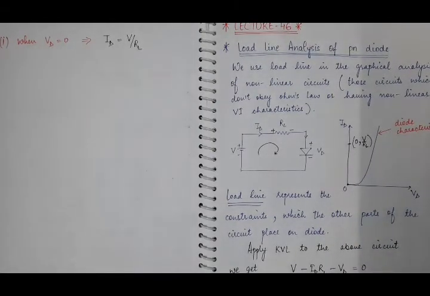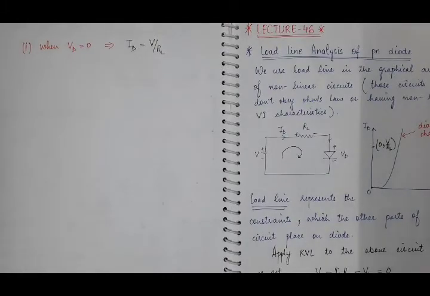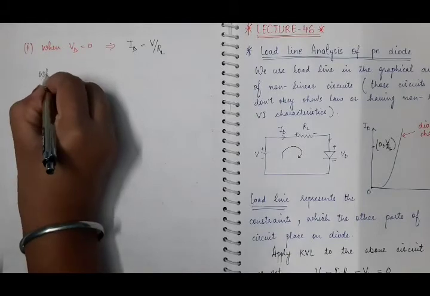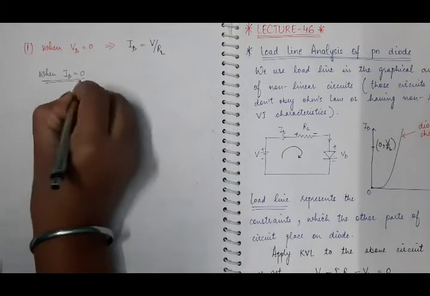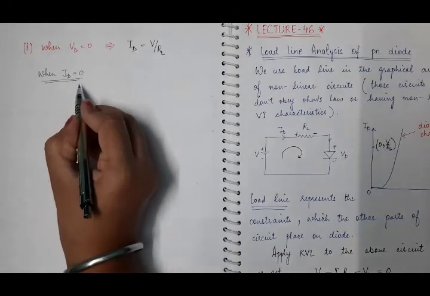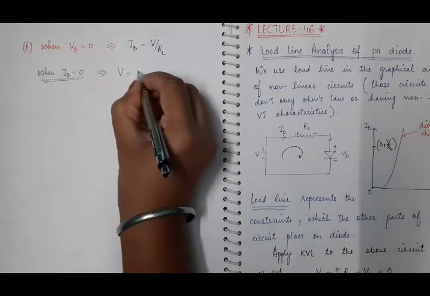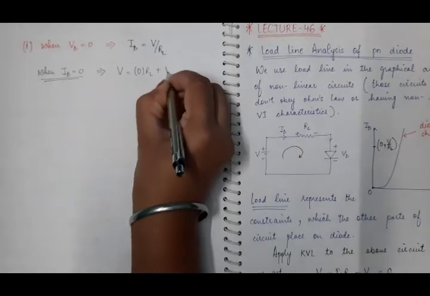And now we will find another point corresponding to ID equal to 0. So next is when ID is equal to 0, put this value in equation number 1, and you will get V is equal to 0 into RL plus VD.